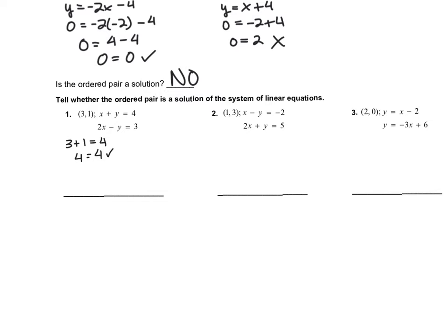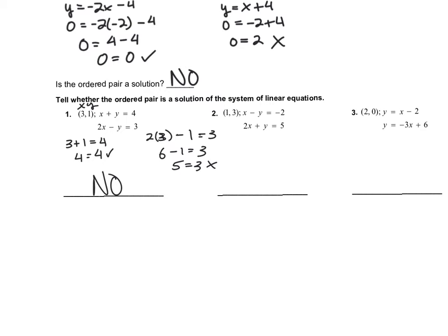And then we're going to plug in 2 times 1 minus 2 times 3 minus 1. Does that equal 3? So 6 minus 1 equals 3. It does not. So 5 equals 3, not a solution. So this will be no.